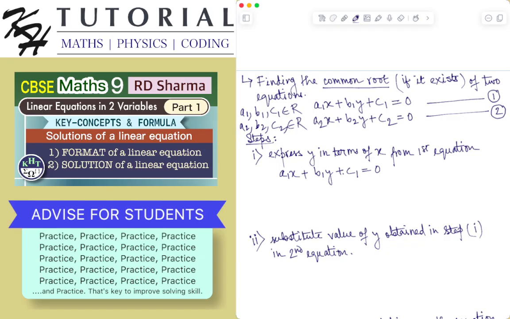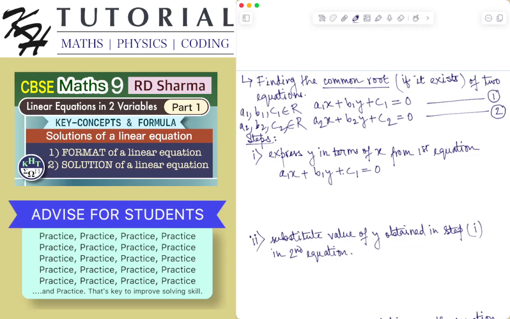In the case they have a common root, that is, the constants a1, b1, c1 and a2, b2, c2 are such that a common root indeed exists for these two linear equations, then how do I find that common root? The first step is to express y in terms of x from the first equation.